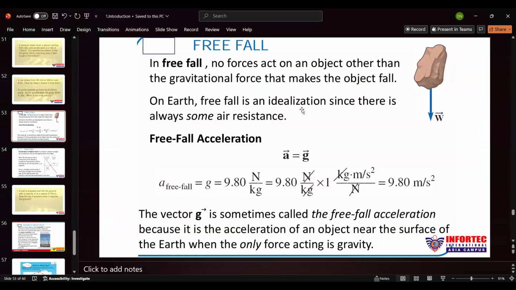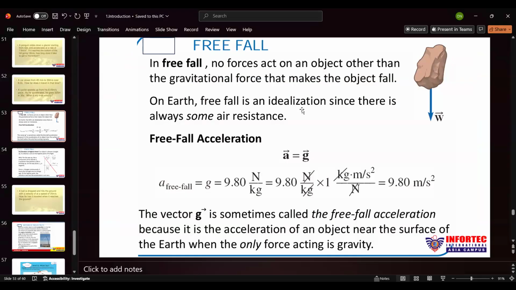Right. Then free fall acceleration, when the object is in free fall. Acceleration due to gravity. The acceleration is equal to the gravitational acceleration vector g, sometimes called the free fall acceleration, right?